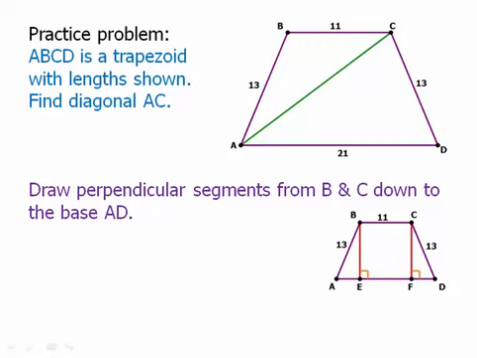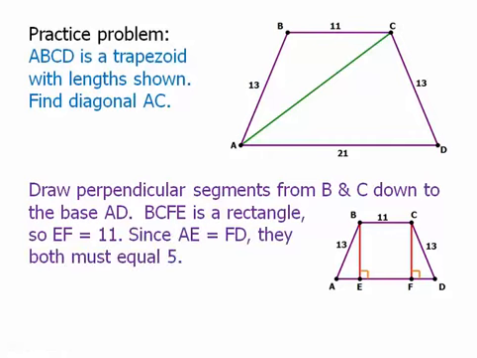So what we create, we have some kind of rectangle in the middle. It looks like it might be close to a square, but it's not exactly a square. And then we have two symmetrical right triangles on each side. So we know that the opposite side from BC, EF, also has to be 11. Well, that whole base is 21.